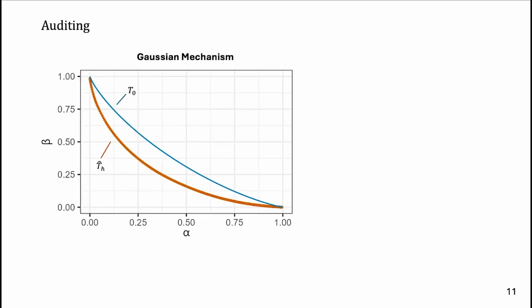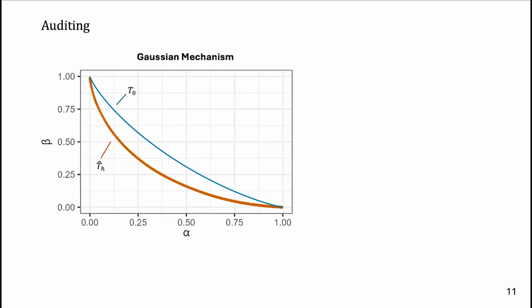To illustrate this approach, we take a look at an example. Here we have a flawed version of the Gaussian mechanism, a privacy claim T0 that is too optimistic, and an estimate for the true privacy parameter, T-hat. We observe a visible distance between the two trade-off functions.